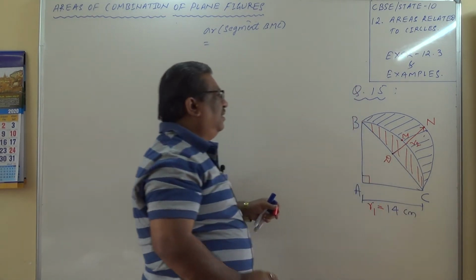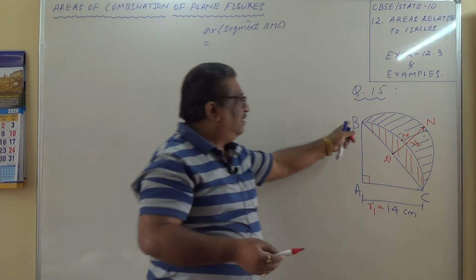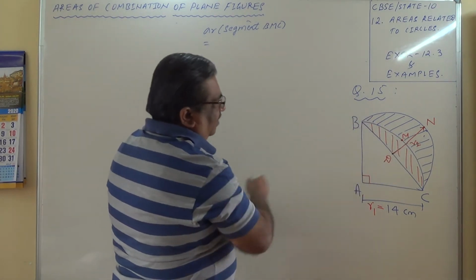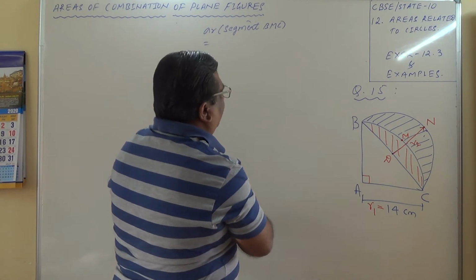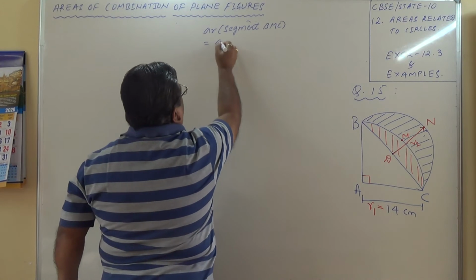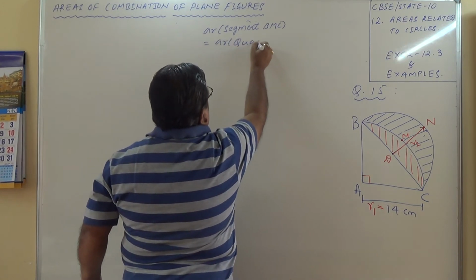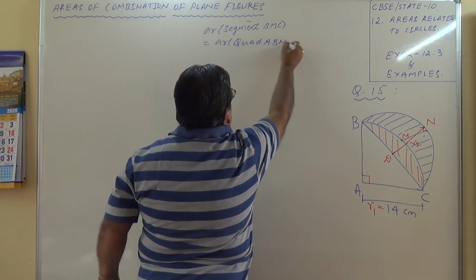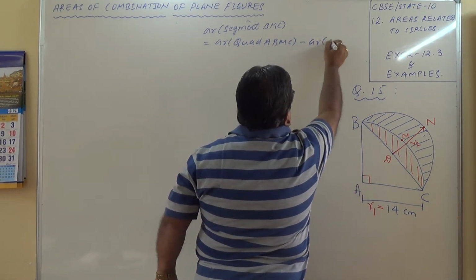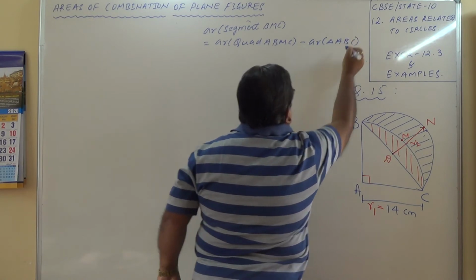You got it? Red portion is to be subtracted from the semicircle BNC. Okay, so area of the segment BMC is equal to area of the quadrant ABMC minus area of the triangle ABC.